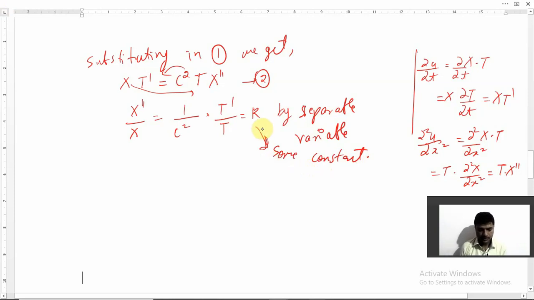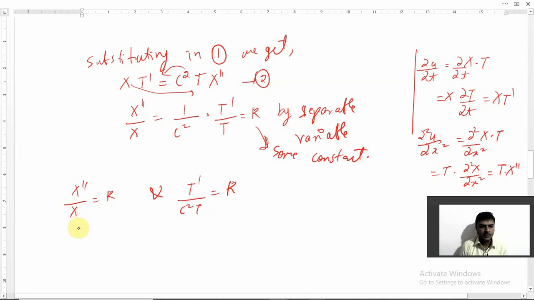Now I will separate this into two parts. Yes friends, I am going to separate this into two parts. What is that? X double dash upon X, we say this is r. This is one way. And T dash upon c square T will be r. Either this is correct or this is correct, same. Since these are equal, I am going to equate each with r on both sides.